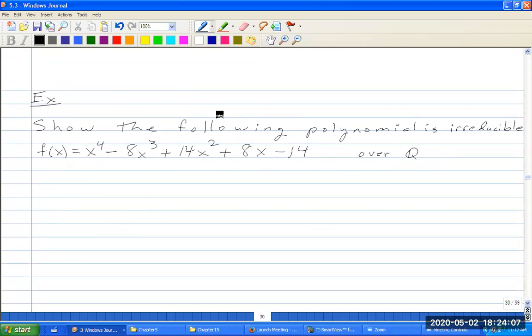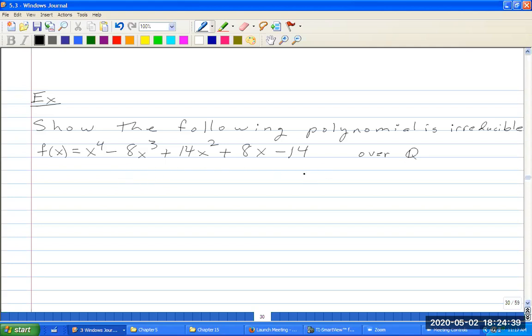Show the following polynomial is irreducible over the integers. f of x equals x to the 4th minus 8x cubed plus 14x squared plus 8x minus 14. Well, the only common factor between these besides 1 is, I guess, 2.